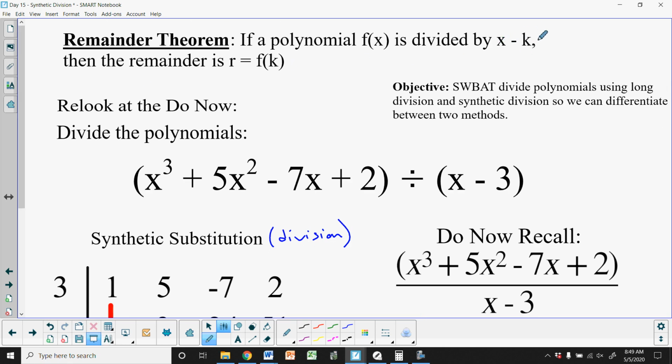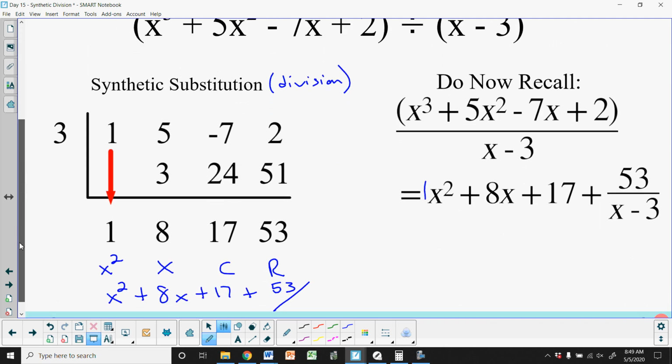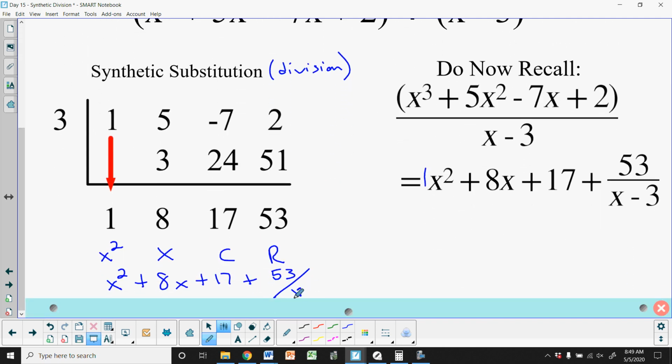So you substitute in the opposite of what the factor is, or what that 0 would be. So it's x minus 3, because that was what we really divided by. So it was x minus 3 equals 0. We want to figure out what x is going to be. So we add 3 to both sides. So we really want to substitute in a 3.